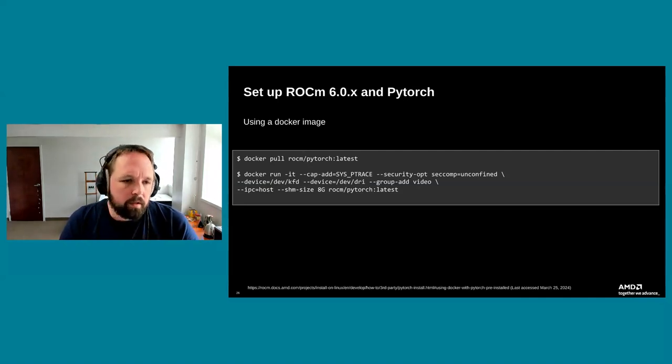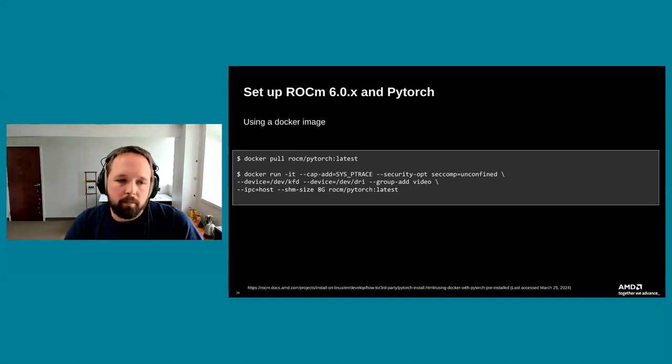I did want to make a plug for this, just in case there are folks out there that like using Docker containers instead of doing everything bare metal installation style. There are Docker images served by the ROCm team that have Pytorch and ROCm pre-installed. The only requirement is that you have the AMD GPU DKMS drivers installed on the host system that you're running on, and then you should be good to go.